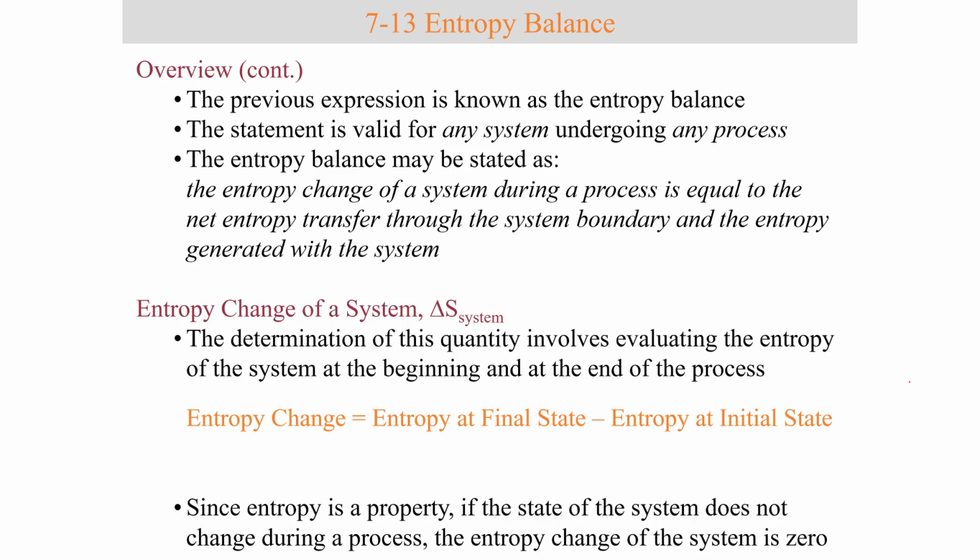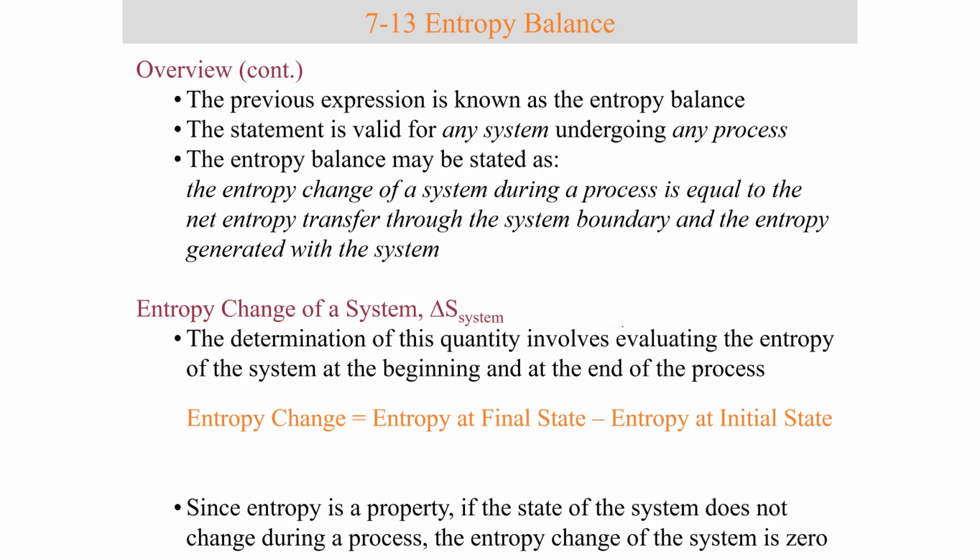The expression that we looked at with trying to quantify the change in entropy, well, that would be called an entropy balance. And it's valid for any system undergoing any process, right? And so the statement is the entropy change of a system during a process is equal to the net entropy transfer through the system boundary and the entropy generated within the system.